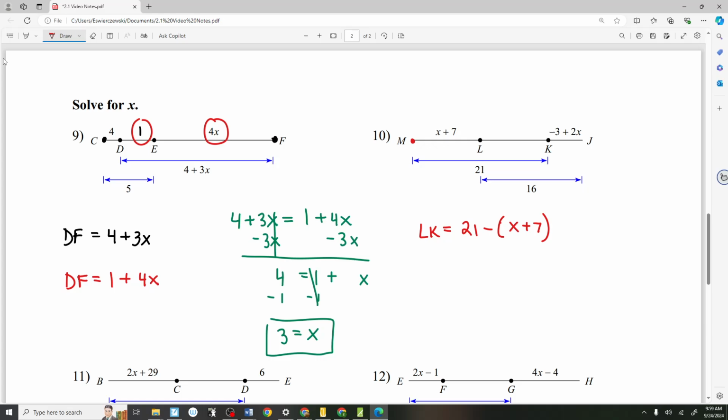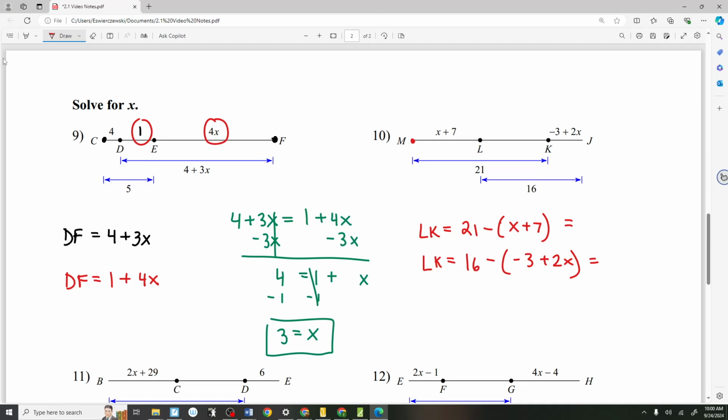You do need to put that in parentheses, and I'll show you why in a minute. And then I'm going to write another expression for LK, and I'm going to use this information. So the whole thing here is 16, and the piece that I'm going to take away is negative 3 plus 2x. Alright, now I'm going to simplify these a little bit before I set them equal to each other.